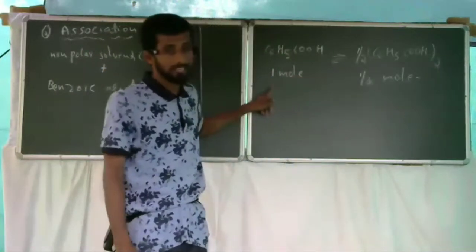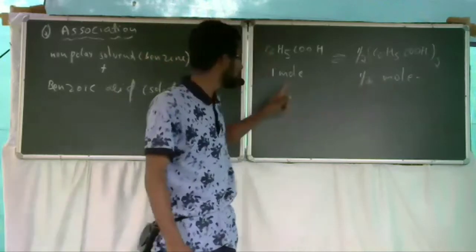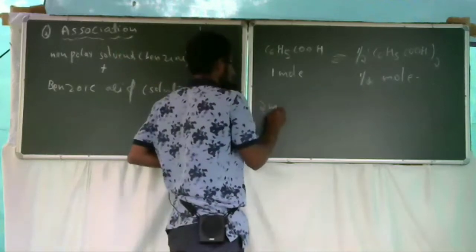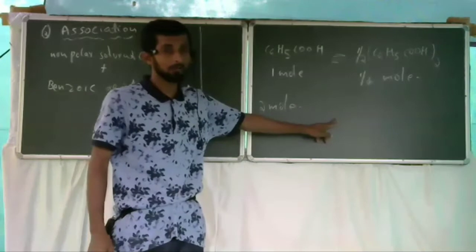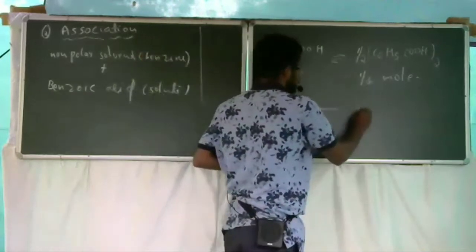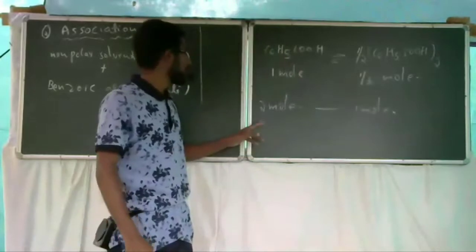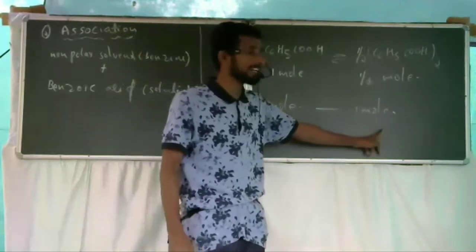1 mole of benzoic acid will undergo dimerization to form half mole of benzoic acid. Illi 1 mole of particles ittu, illi baruvaga half moles of particles. Suppose if you take 2 moles of benzoic acid, after dimerization, after association, you are getting 1 mole. Artha aitalla? If you take 4 moles of benzoic acid, after association, you are getting 2 moles.